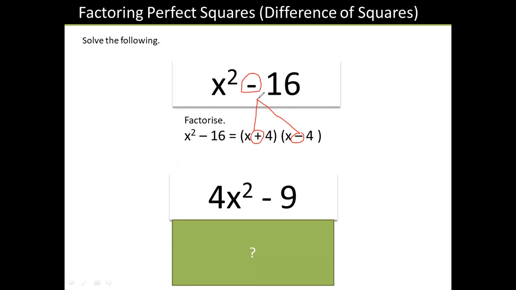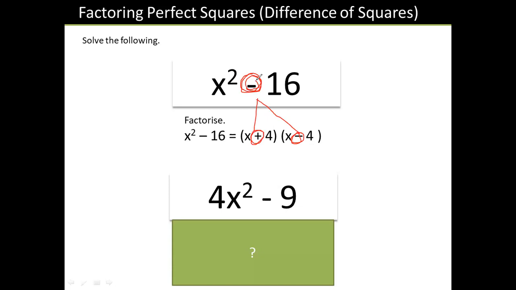That will not make the equation true, because here this is negative. Positive times positive gives a positive answer. So the only signs when we factor are positive and negative, so that we get the negative result.